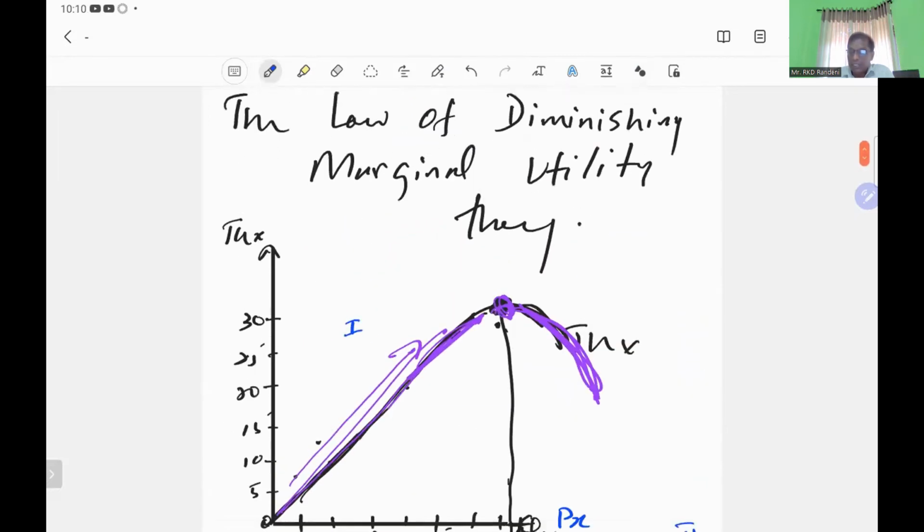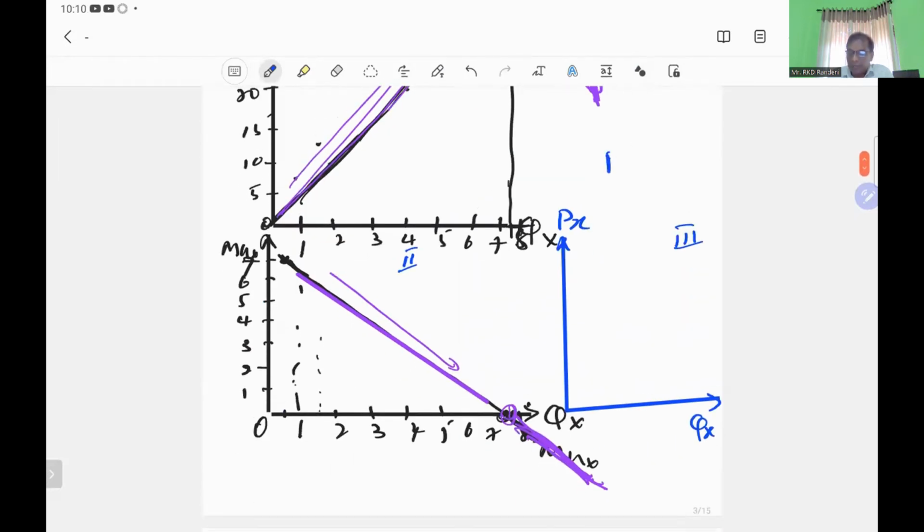Now according to the equilibrium point, that MU X equal to price of X. Now MU X equal to price of X, you can get the same direction here 1, here 2. Like that you can get the same to 3, 4, 5, 6. Now here again 1, 2, 3, 4, like that.